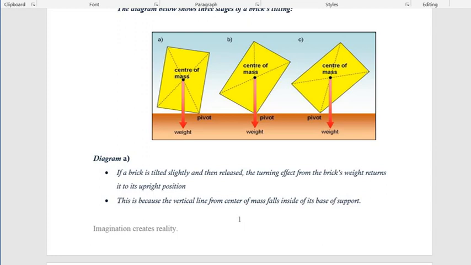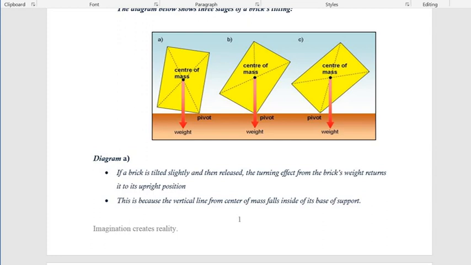We are assuming that this is a uniform object where the particles are distributed uniformly on this rectangle. So its geometrical center would be its center of mass. If it's tilted slightly, it goes back to its stable position.